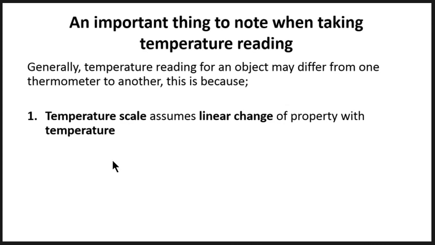I've said this before: all temperature scales assume a linear change with the property of every thermometer. It has been said before, so this is just a confirmation, and it is one of the reasons why temperature readings will always vary from one thermometer to another.